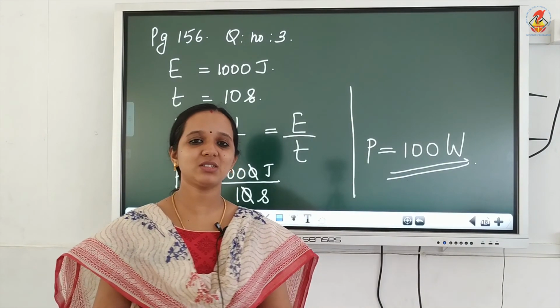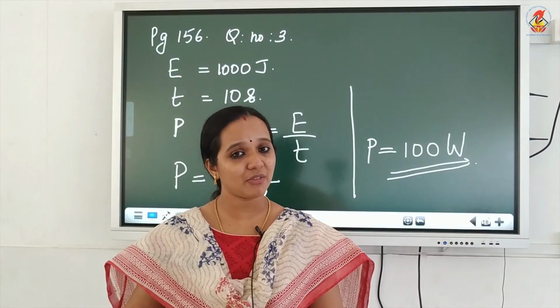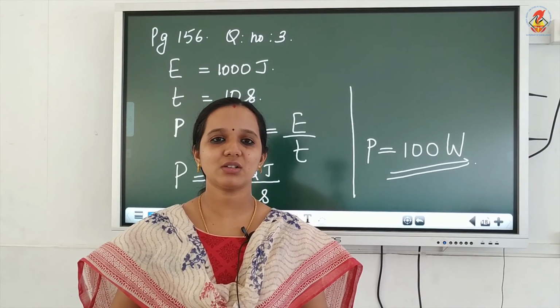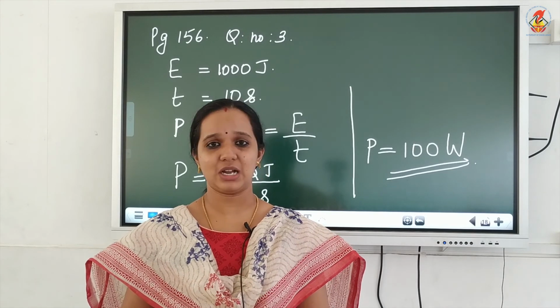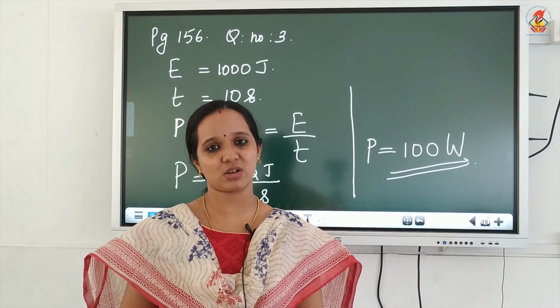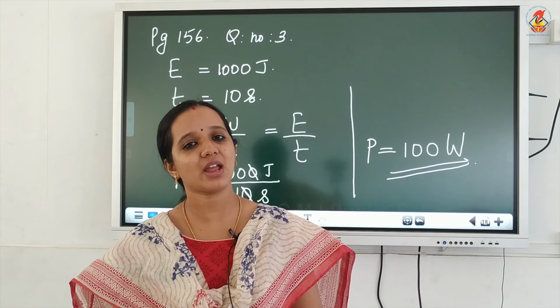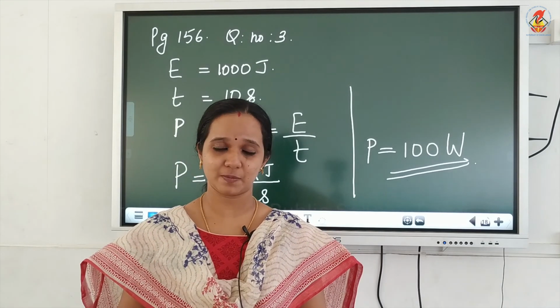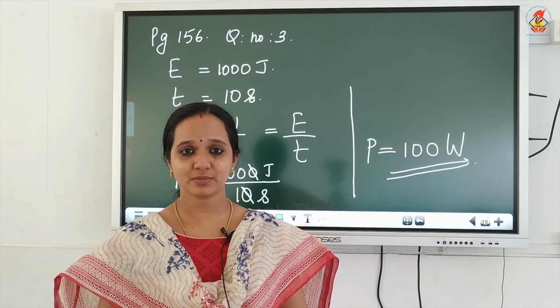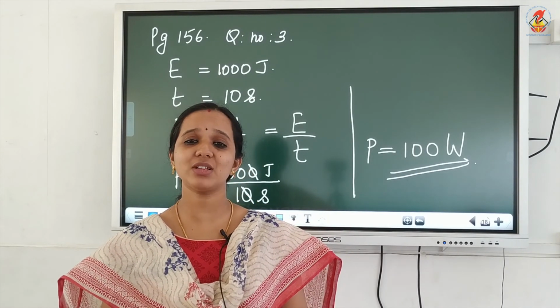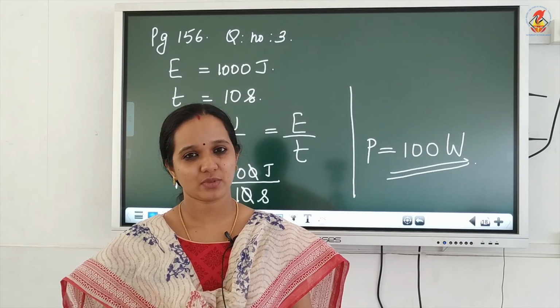So, we have just discussed the topic power. Power tells us how fast or slow work is being done. That is, the rate of doing work or rate of transfer of energy is known as power. The SI unit of power is watt. Larger unit of power is kilowatt.